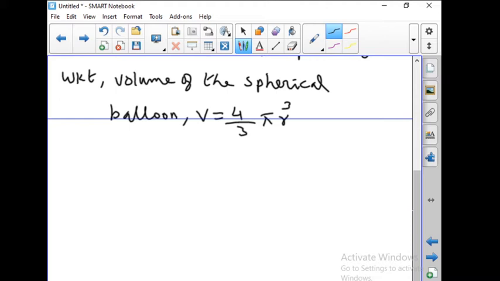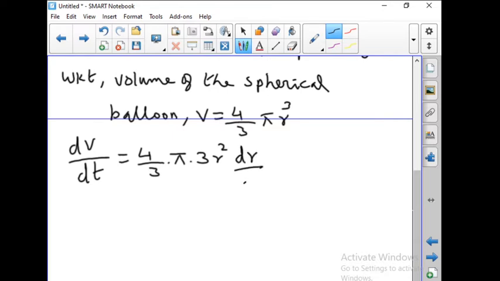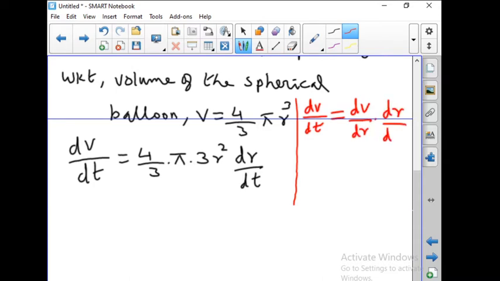Now differentiate this with respect to time. dV by dt is equal to 4 by 3 into pi into 3r square into dr by dt. How do you get this? We are using the chain rule, which you have studied in plus one. What is dV by dt when V is in terms of r? We write dV by dr into dr by dt.